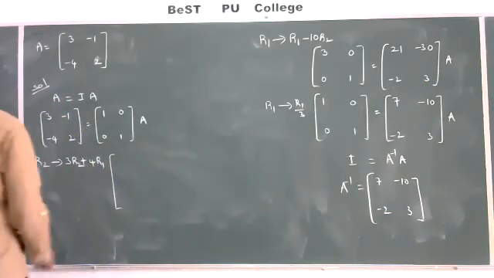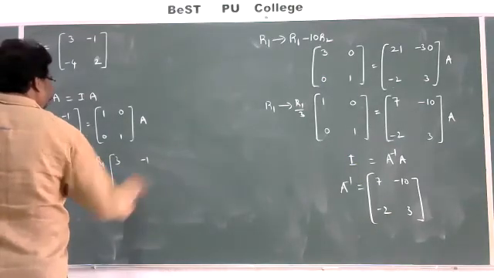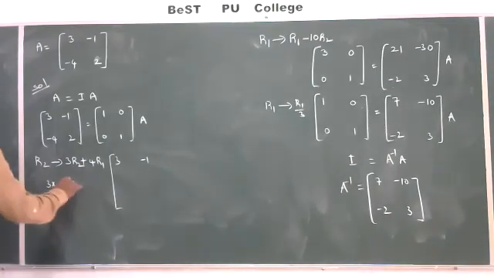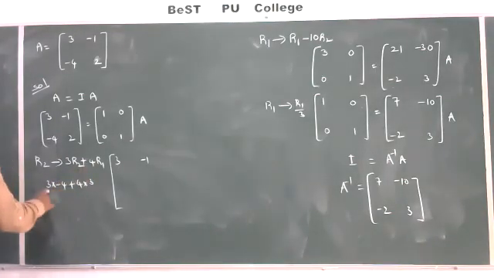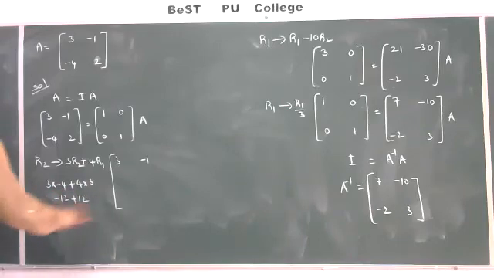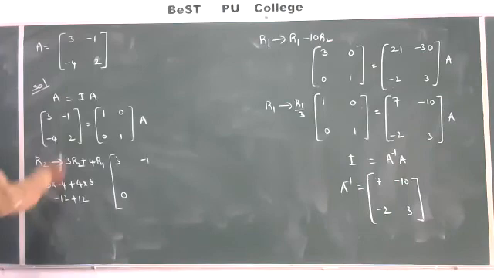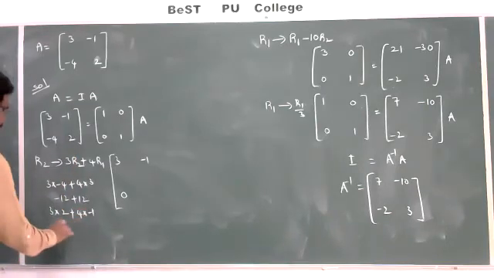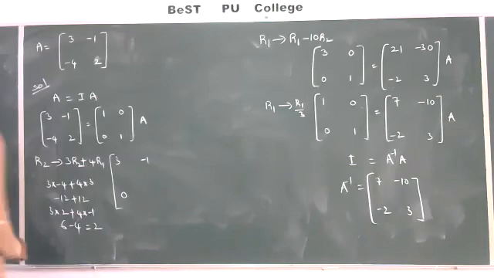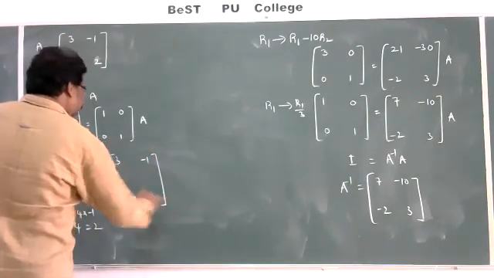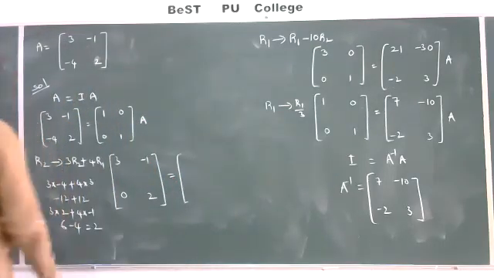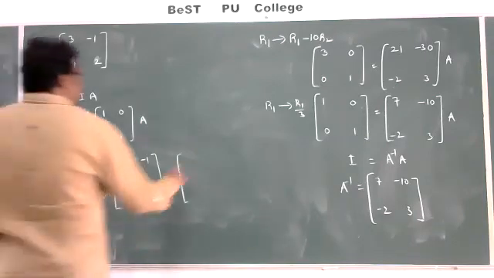That is, you write R1 same, 3, minus 1. 3R2, 3 into minus 4 plus 4 into R1, 3, minus 12 plus 12, that is 0. And 3 into R2, 2, plus 4 into R1, minus 1, 6 minus 4, that is equal to 2. 2 is equal to matrix, R1 you write same, 1, 0.